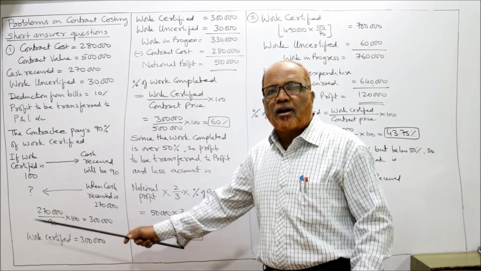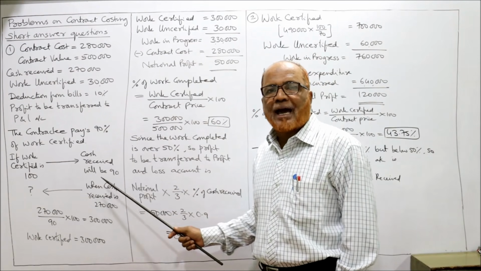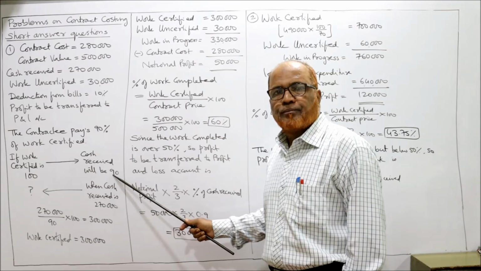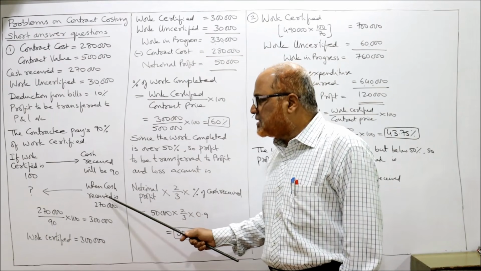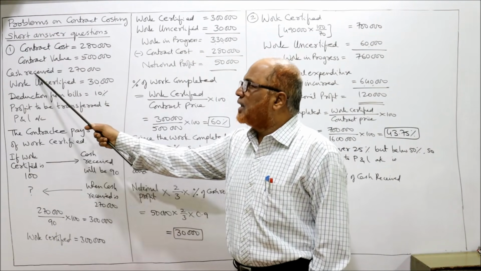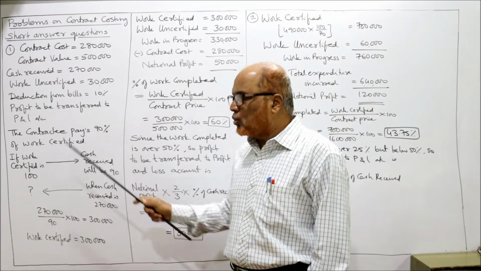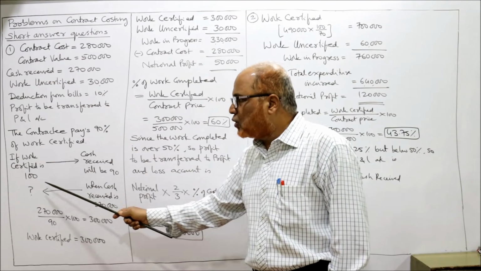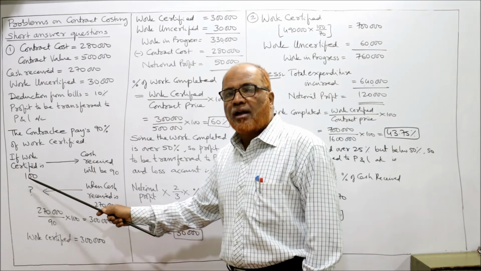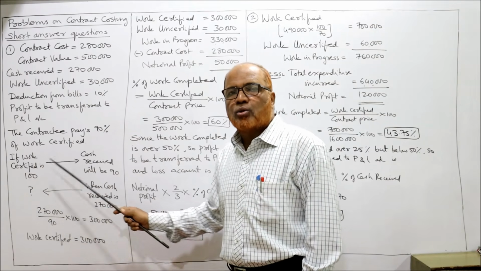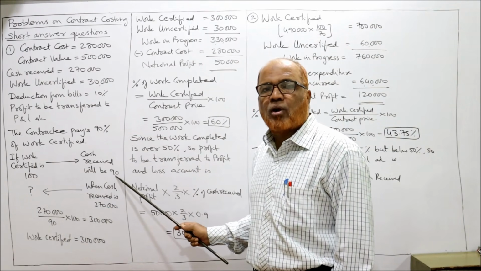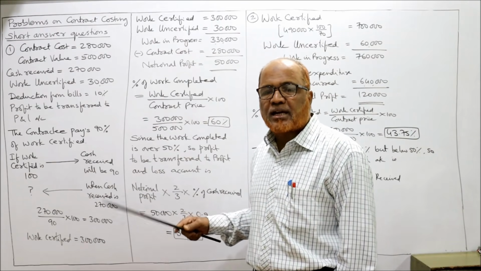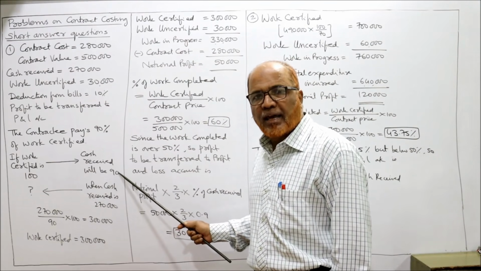Similarly, the actual cash received is 2,70,000. So how much would be the work certified? If 100 rupees is work certified, the contractee pays 90 rupees, which means the contractor is receiving 90 rupees.